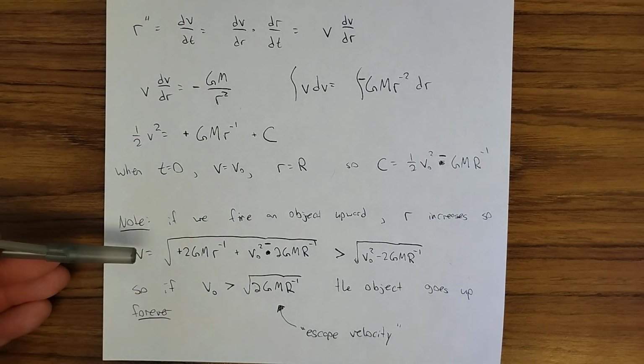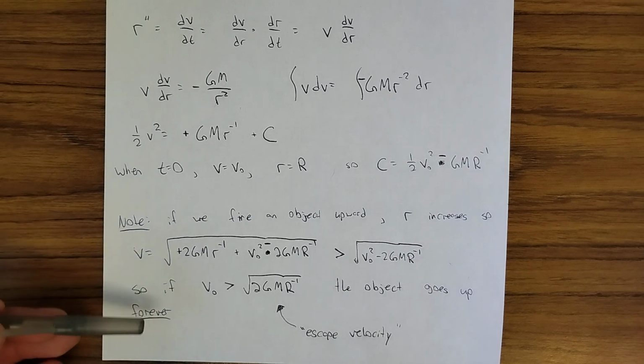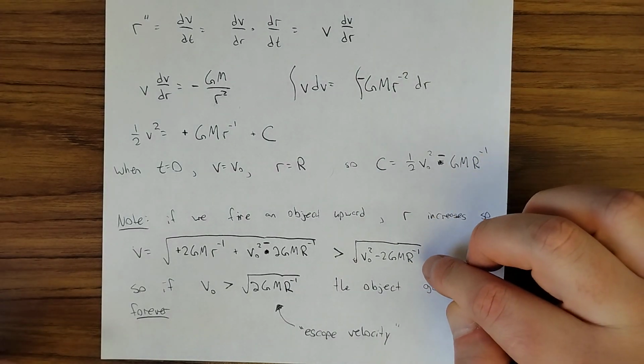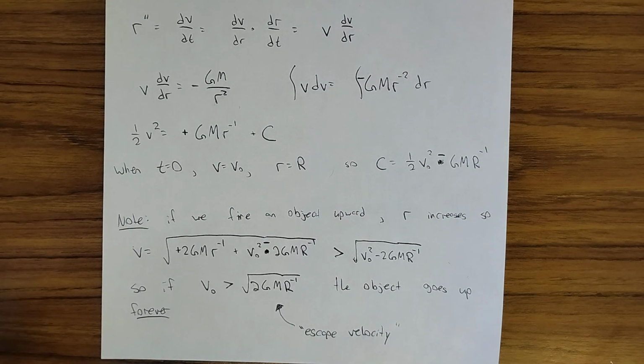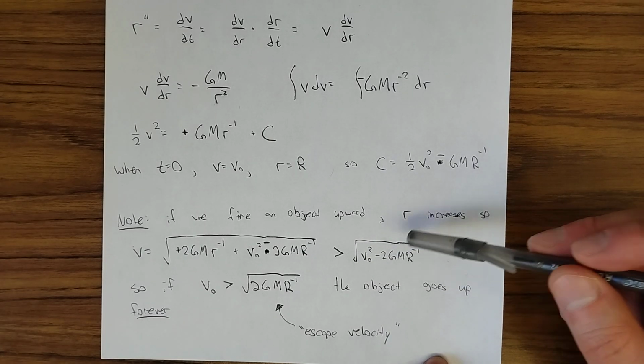If it stops moving upward, then I need to talk about v that has a negative sign in front, because I should have taken the negative square root. But as long as it keeps moving upward, it's going to be at least this. So if this is a positive value, then there's no way for v to ever hit 0 and then go negative again. In other words, what makes this a positive value?